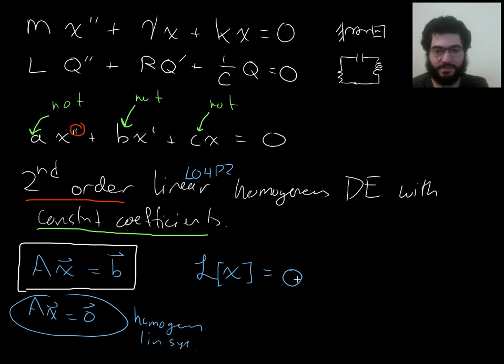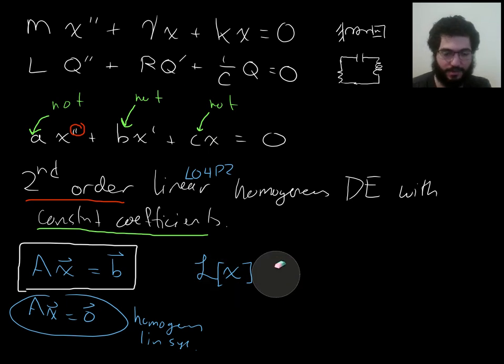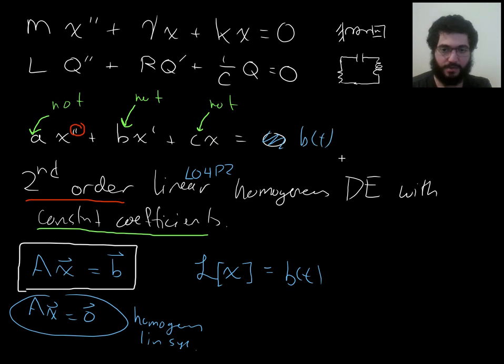Same deal here. Here we could have had another function on the right-hand side, not 0. We could have had some function b of t. And later we will do that. So we will eventually include a function here.